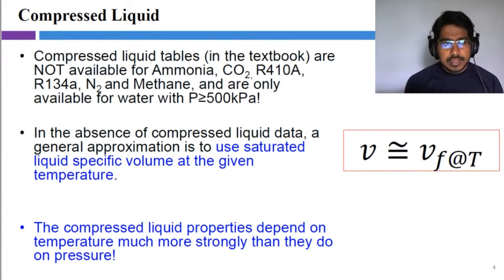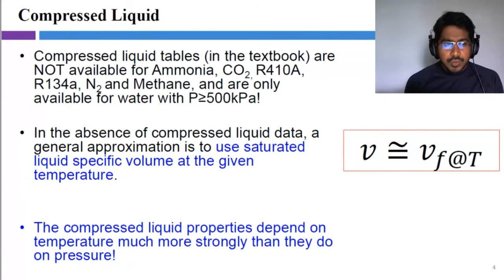In today's lecture, you will need the notion that we mentioned last time. Compressed liquid tables are not always available for all materials, right? This statement says those are not available for ammonia, CO2, R410A, and even for water, it is available for 500 kilopascals and higher. So we may not see compressed liquid tables for all substances that we are using, but still, we will have to do calculations on compressed liquids.